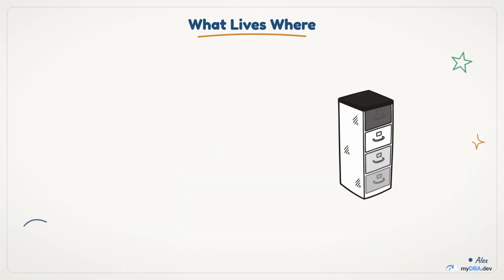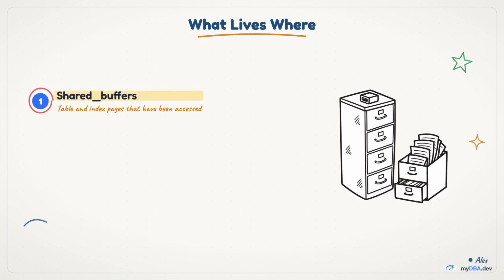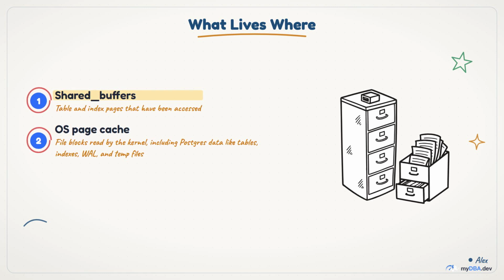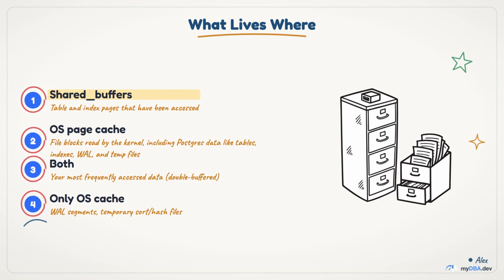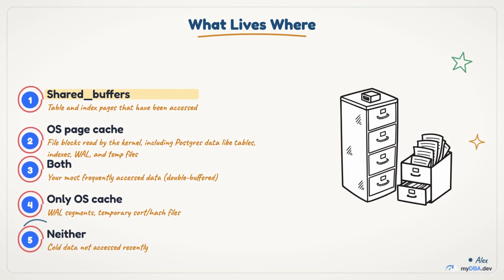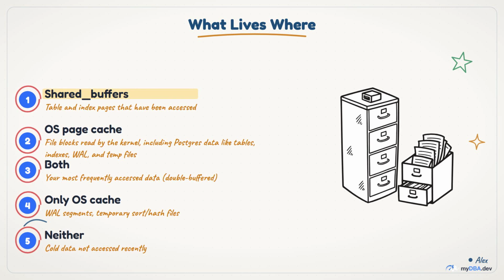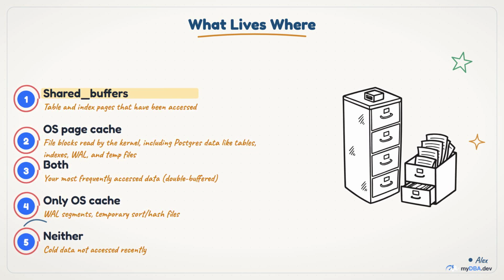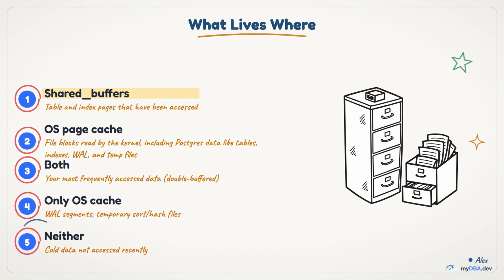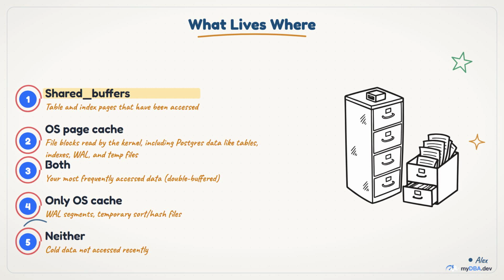Shared buffers holds table and index blocks that have been accessed, potentially including both frequently and infrequently accessed data. The OS page cache holds file blocks read by the kernel, which may include Postgres data such as tables, indexes, WAL files, and temp files from sorts and hashes, plus any data that got kicked out of shared buffers but was read recently. So the OS cache is always bigger in scope?